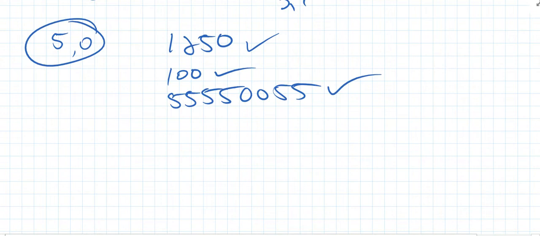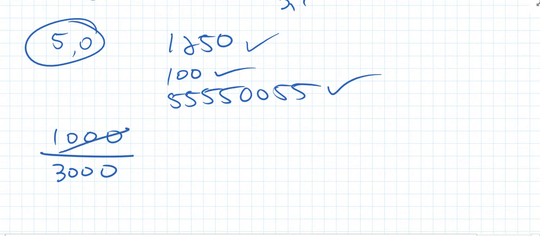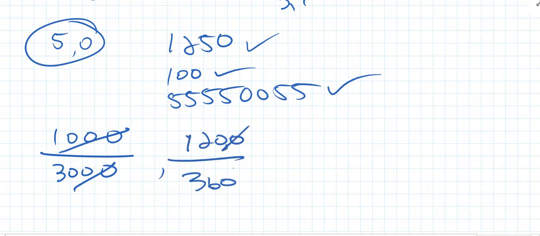So, quick recap. If you have multiple zeros, you can take away as many zeros as you do on top from the bottom. It works even if you have a different amount of zeros on top. 1 and 1, and you're left with 120 over 36.